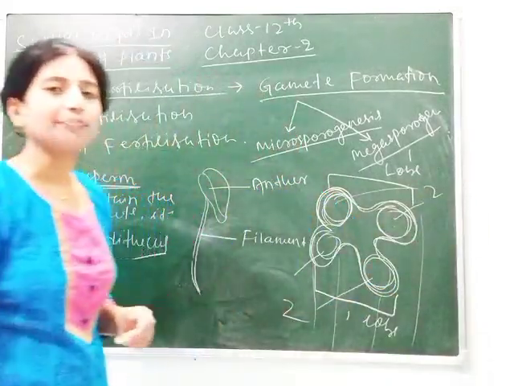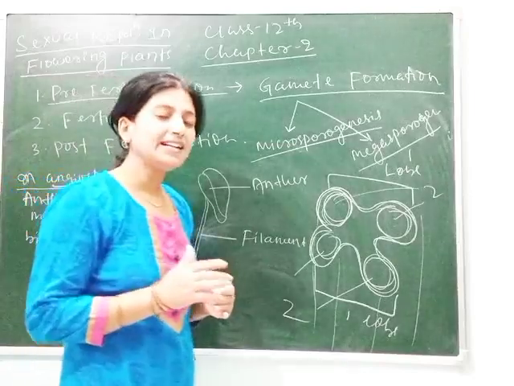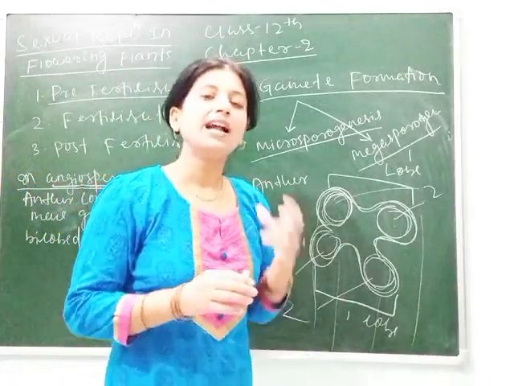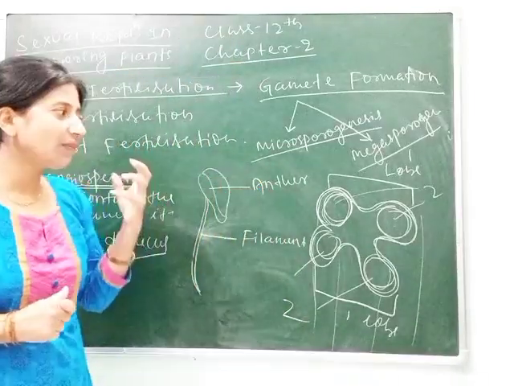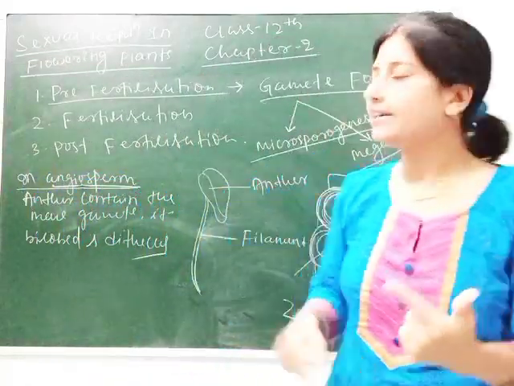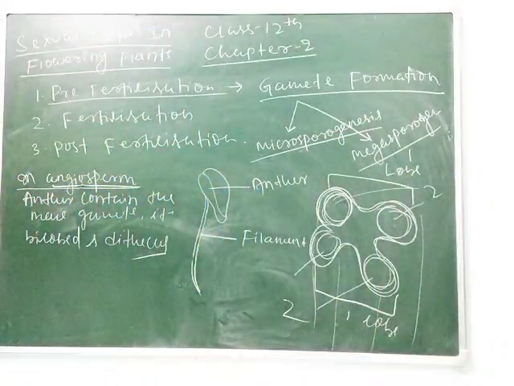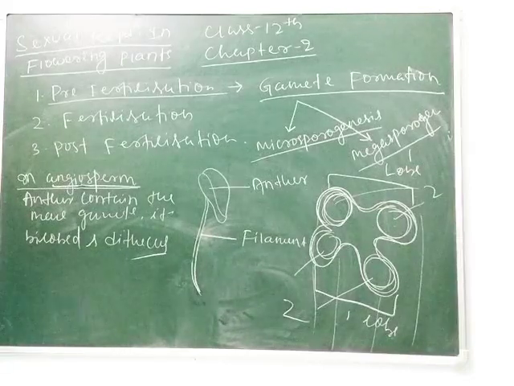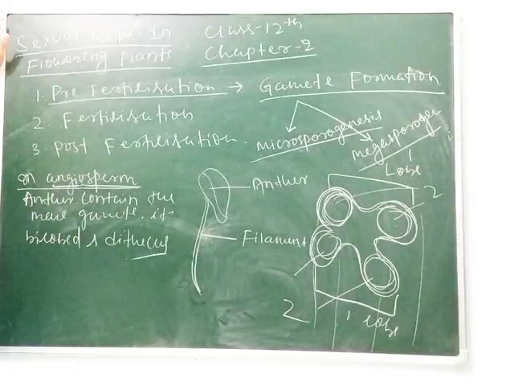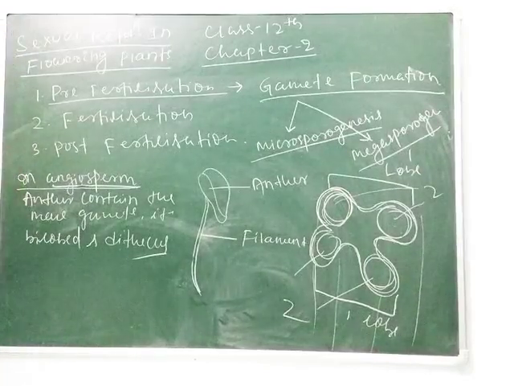So if we see the diagram of an anther, we can see that it has a bilobed and dithecous structure, and the theca contains the pollen grain, and the pollen grain contains the male gamete, which further takes part in sexual reproduction. So students, let's see the different parts of the theca and what they are called. You can see the diagram.